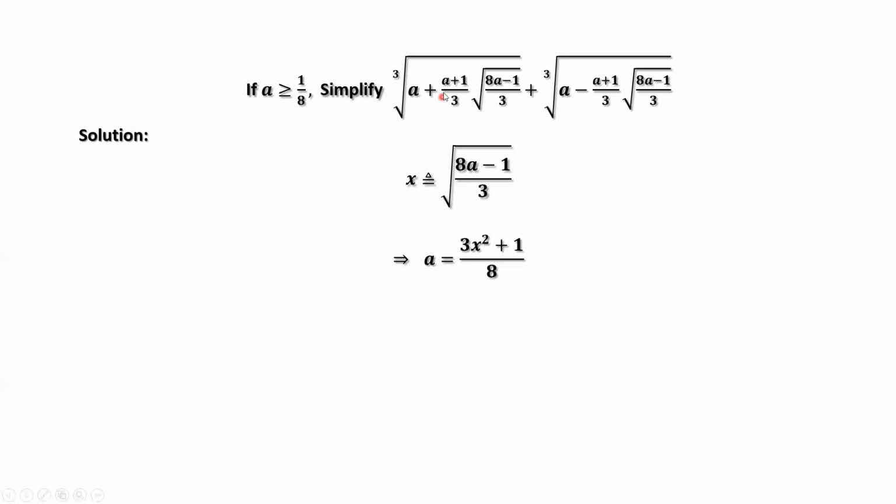Then we can continue to simplify the second part inside of the third root: a plus 1 divided by 3 times square root of 8 times a minus 1 divided by 3, in terms of x.